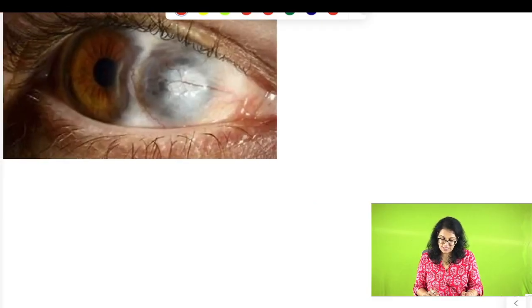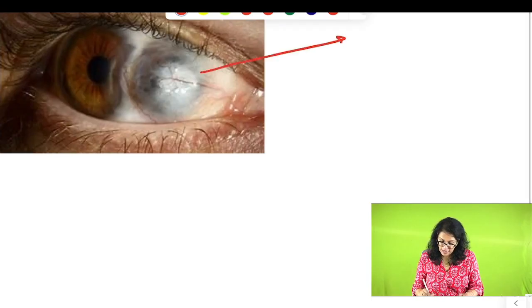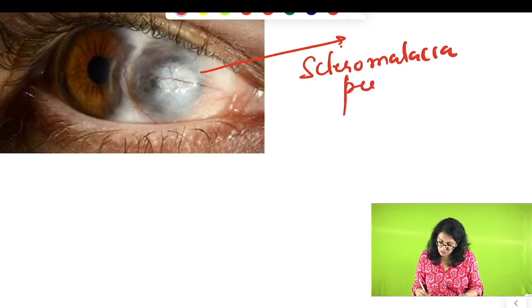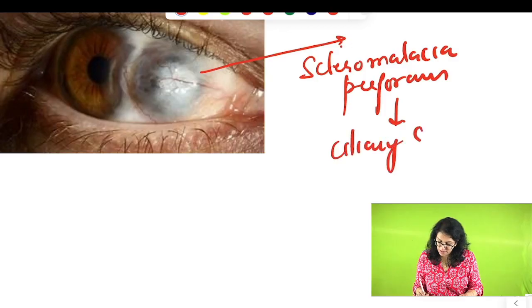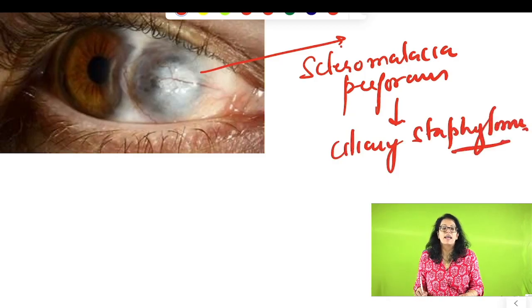Your answer would be this is scleromalacia perforans, which is leading to ciliary staphyloma. Anybody remember what staphyloma is? It is an ectatic condition of the eyeball with herniation of uveal tissue.